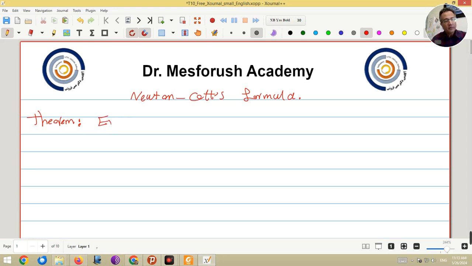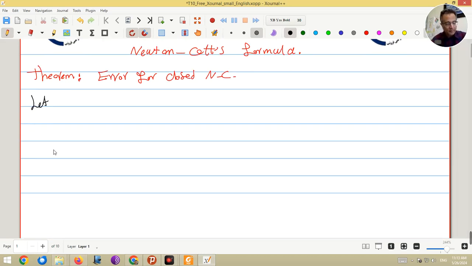First, let me explain the error for the closed Newton-Cotes formula. Let x0 be equal to a, xn be equal to b, and h be equal to (b minus a) over n. Okay?